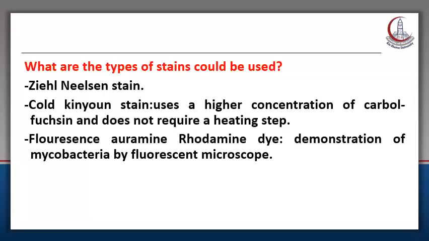The acid-fast staining is performed in 3 steps: primary stain with concentrated carbol fuchsin, then heating in the Ziehl-Neelsen method, which is different from the Kinyoun method, as the Kinyoun method has a higher concentration of carbol fuchsin so it doesn't need heat to drive the stain into the bacilli.